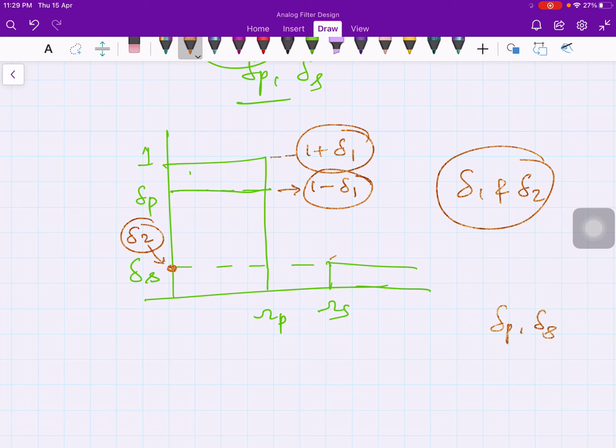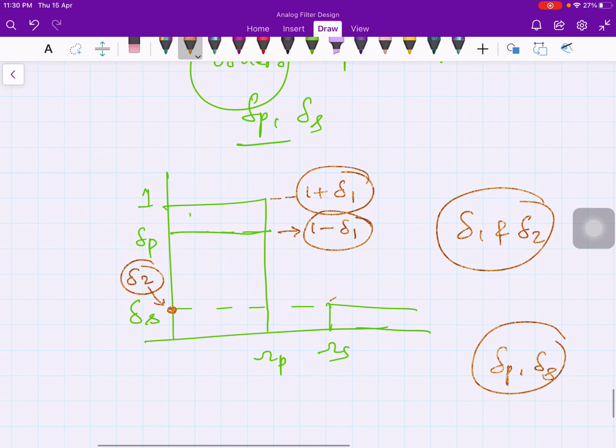Delta P and delta S. So converting from one spec to another is not a problem. It's a very simple process and won't need much effort.